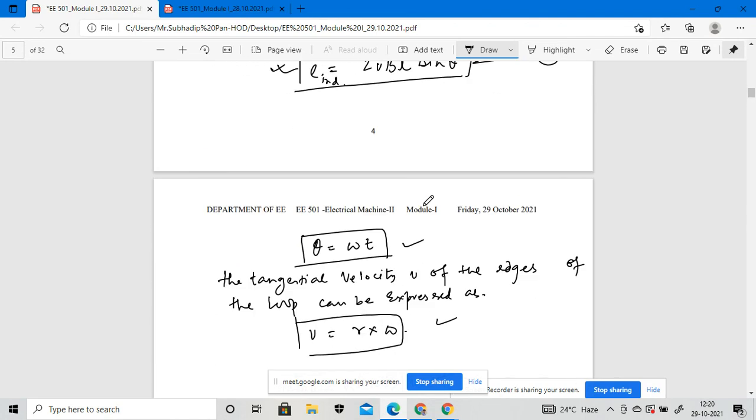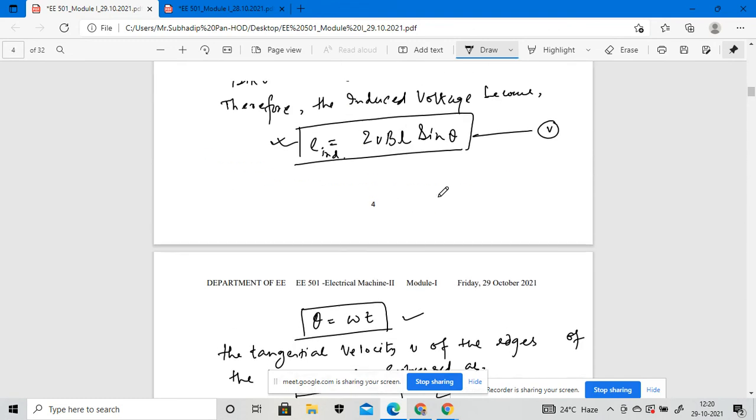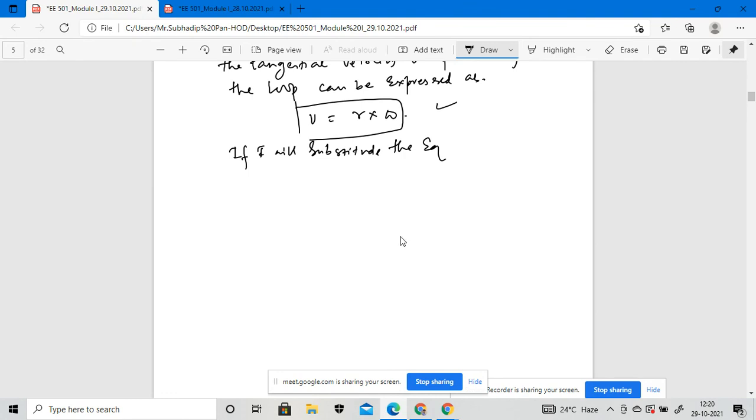Substituting into equation 5, my equation 5 is e induced equals 2 into v into b into l sine theta.